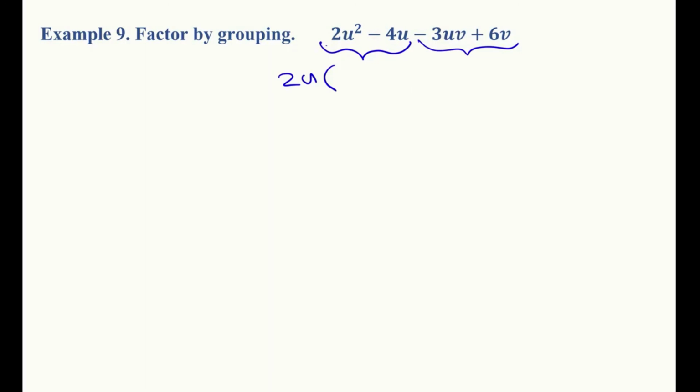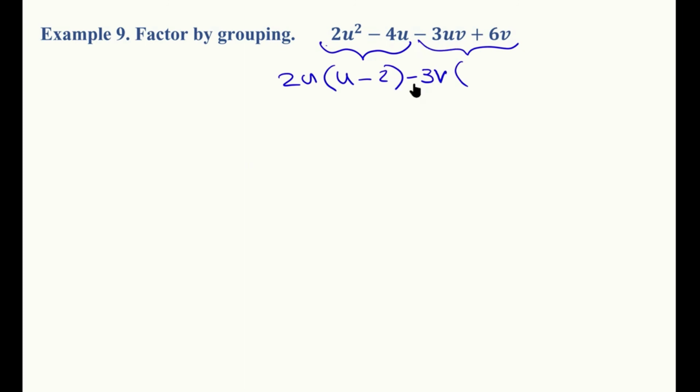If we factor it out, that leaves us what? U minus 2, right? Now in the second group we have a common factor of 3v, right? But because that first one is negative, we'll go ahead and factor out the negative with the 3v. So instead we'll factor out negative 3v.